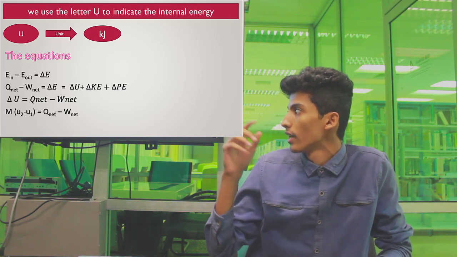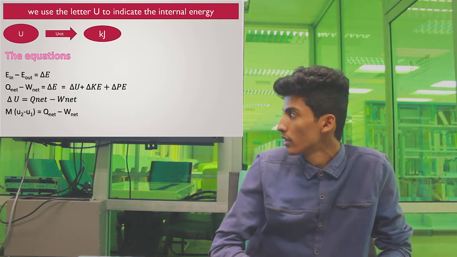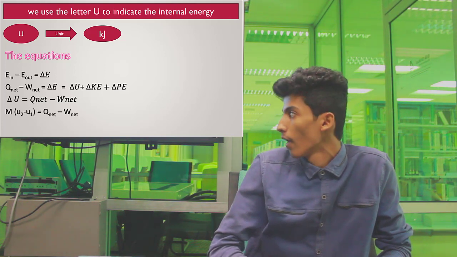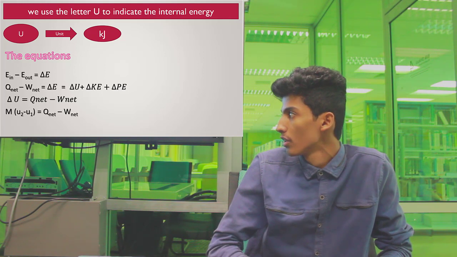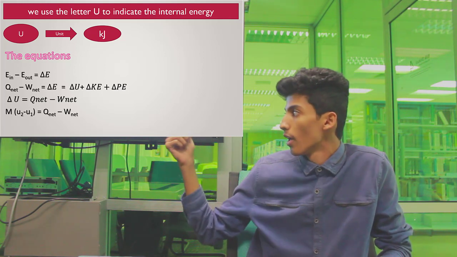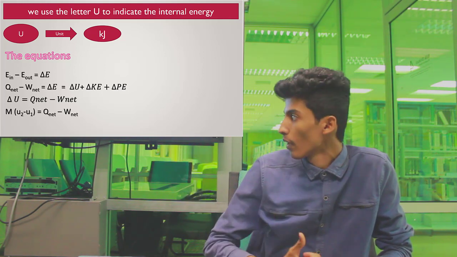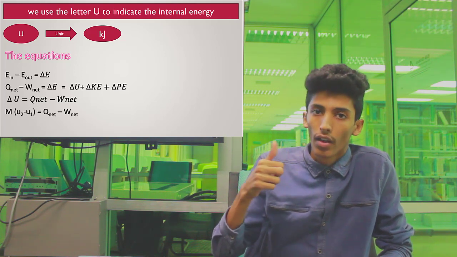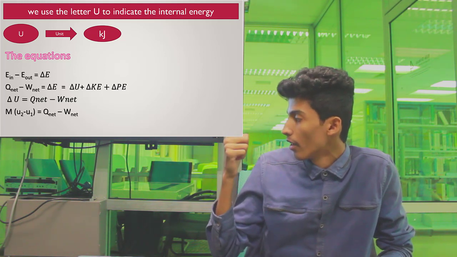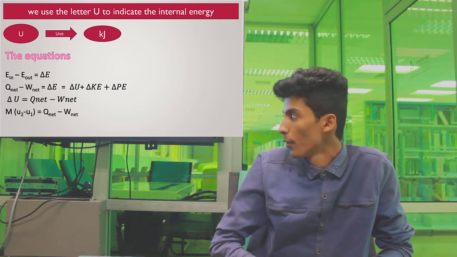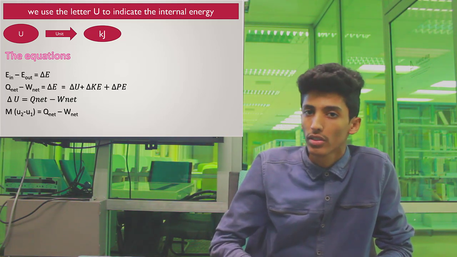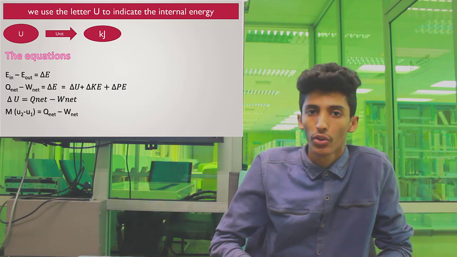So we can say that delta U equals Q net minus W net. Furthermore, we can simplify this equation to say that mass M multiplied by the final internal energy minus the initial one equals Q net minus W net.